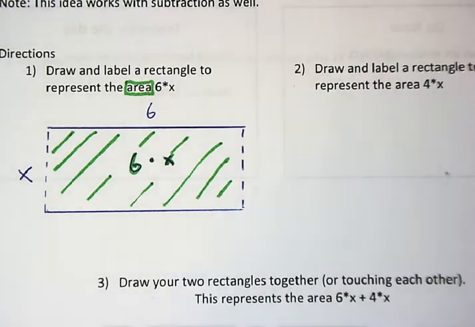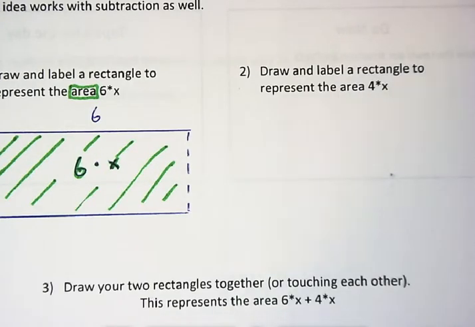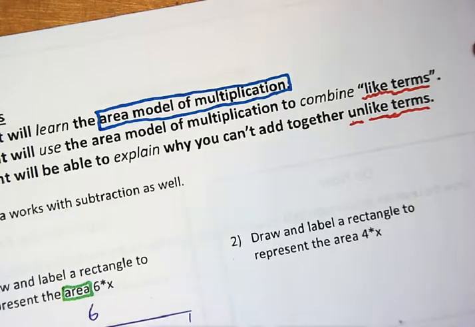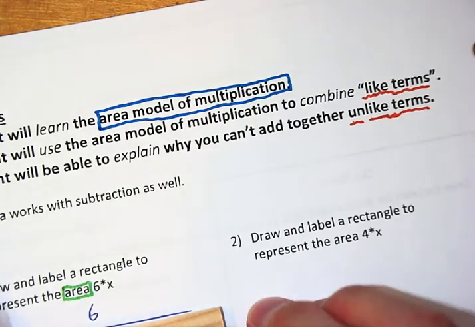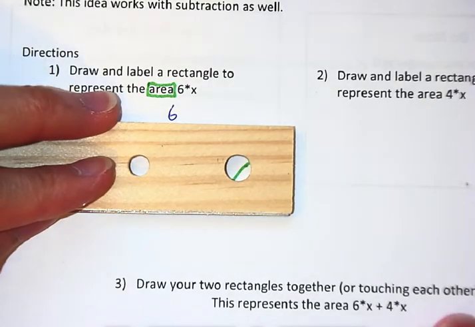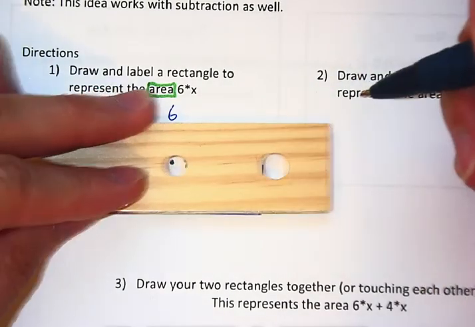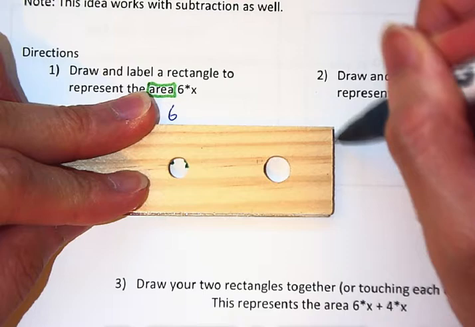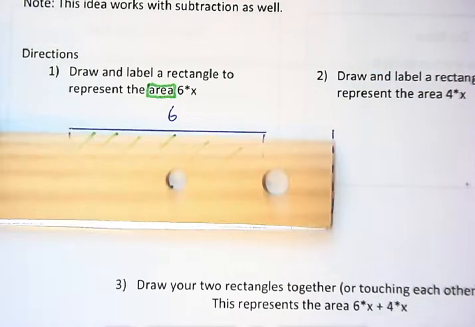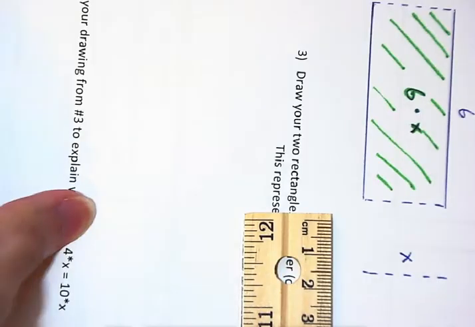Over here, number 2, it says, draw and label a rectangle that represents the area 4x. So I'm going to do a very similar thing. Let's once again use this length right here to represent x. I don't 100% know how big it is. That dotted line, I'm going to call x big, and we'll make this 4 long.